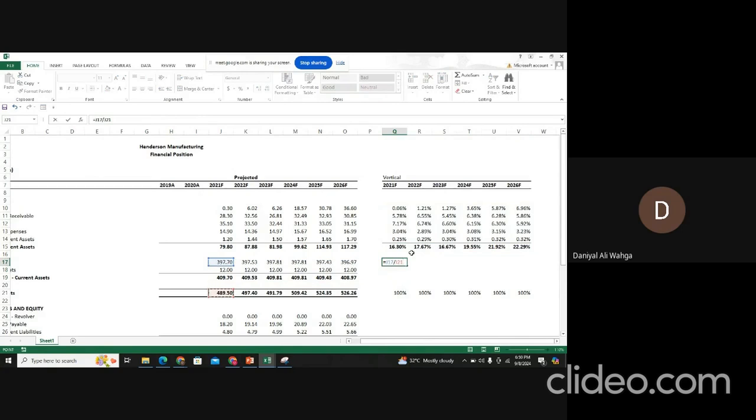Same way, again the F4 key. Selecting that and then moving forward.